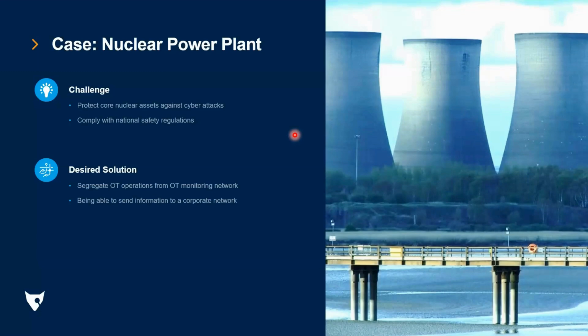And the International Atomic Agency in Vienna demands that nuclear power plants are protected by DataDiodes. And what you do in such a situation, you segregate the OT network from the IT network. So all the information from a monitoring perspective, temperature, valves, how often a valve opens, when maintenance is required for a valve or for a system, that all goes out to the IT environment.